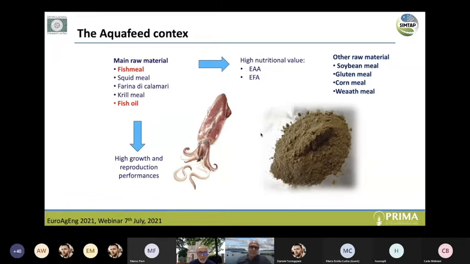These raw materials, as you probably know, in the past represented the majority of the quantity of ingredients contained in the aquafeed. But at the same time, they are related to some environmental issues, which are sea overexploitation and, of course, the modification of the food chain in the sea.